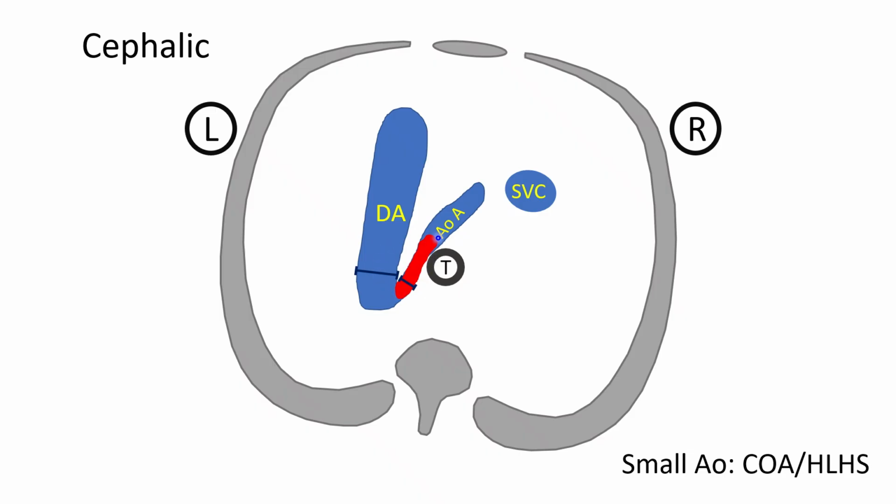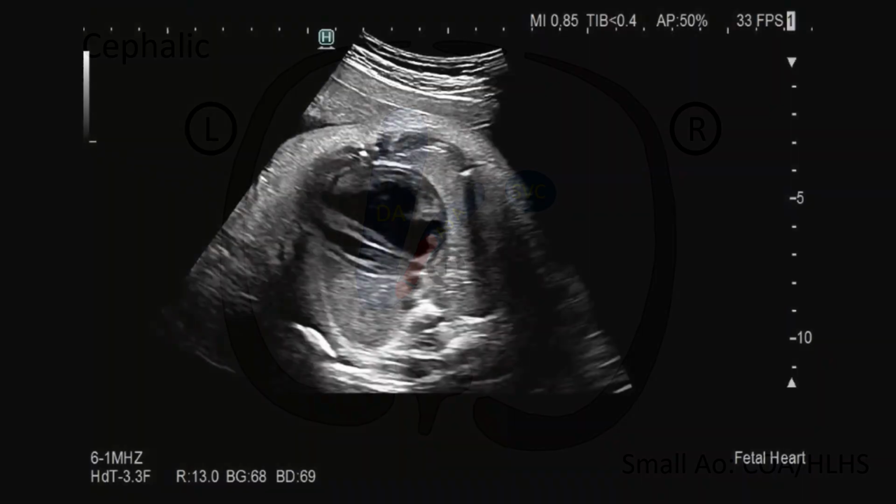You may see antegrade continuous flow in this vessel, but I've thrown in this red signal here just to show that occasionally you will see some reversal in the distal arch. And this is basically how we would measure the diameter of these vessels to see the vessel size discrepancy in these cases with hypoplastic left heart syndrome or coarctation of the aorta.